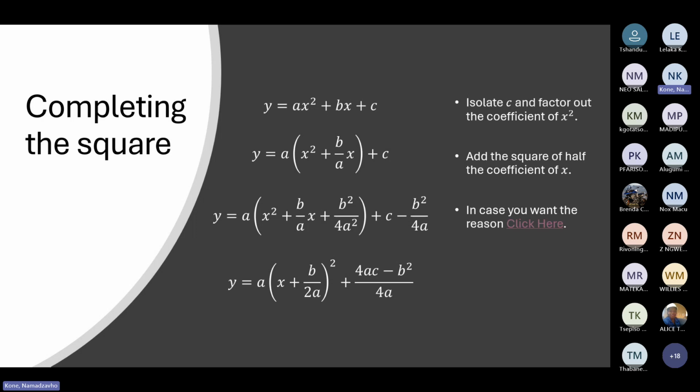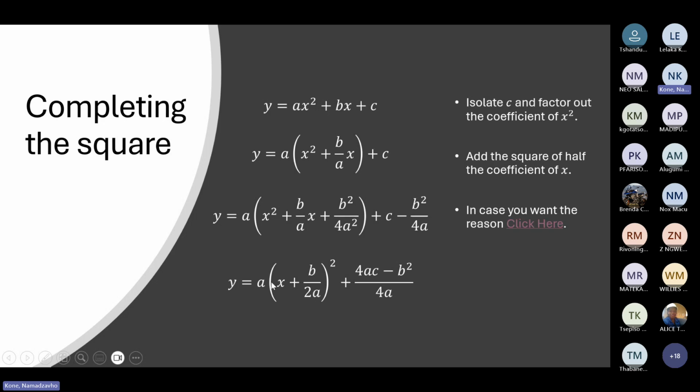I always tell my students that you believe in a lot of things, but the good thing about maths is that whatever I tell you, you can prove right or wrong. If you take x and multiply by x, you get x squared. If you take x and multiply by b over 2a, you get bx over 2a.